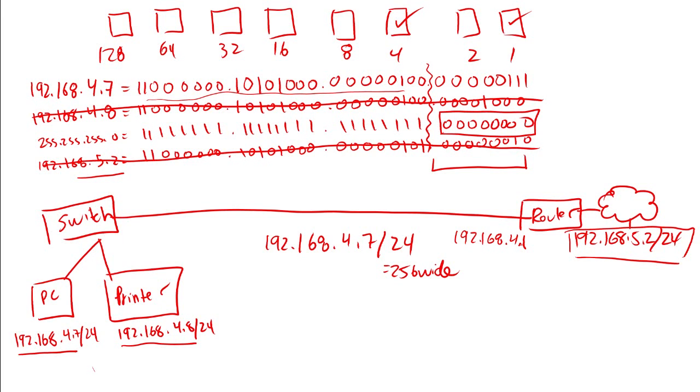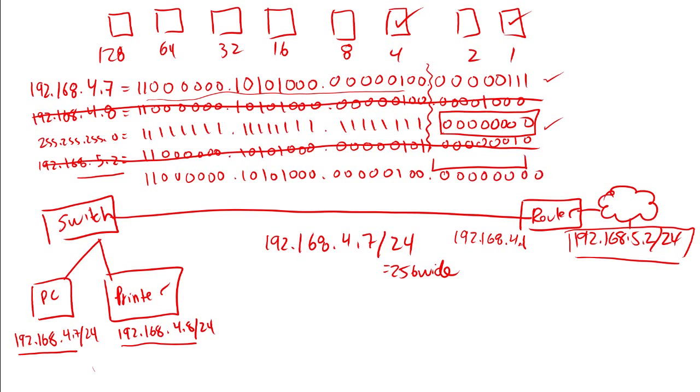So anywhere that my subnet mask contains a 1, so I wrote my address out in binary and I wrote my subnet out in binary, anywhere that there's a 1, we bring down our address. Anywhere there's a 0, we just write 0. That becomes our mask.